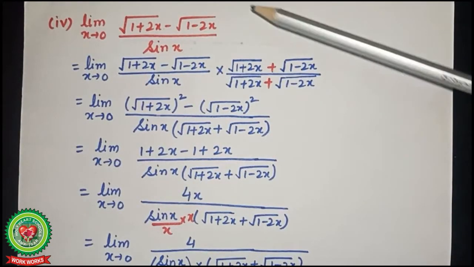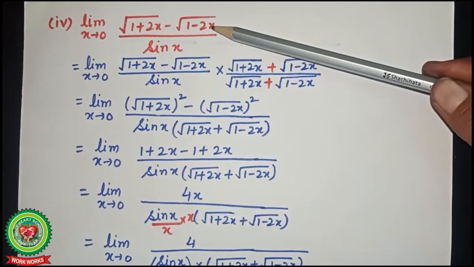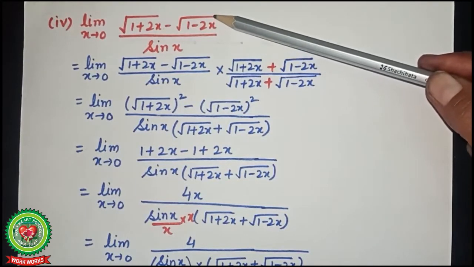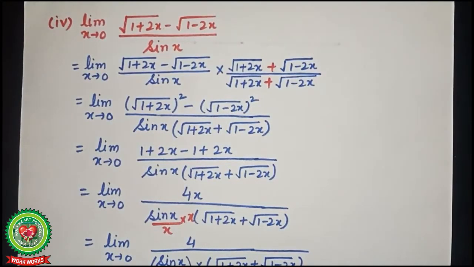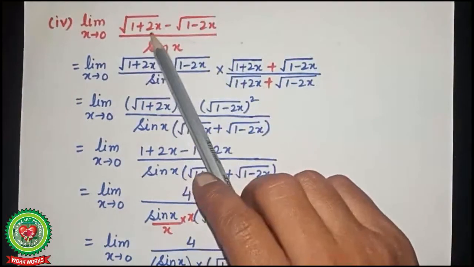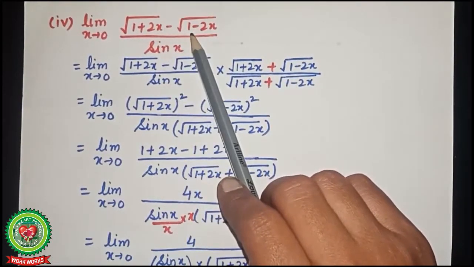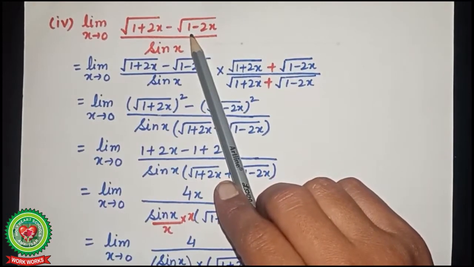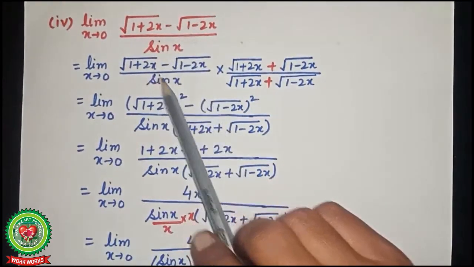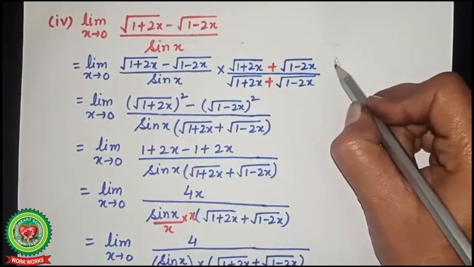From the question, we can see that the numerator contains the square root sign. Whenever the statement is given in terms of square root, we will always do the rationalization.